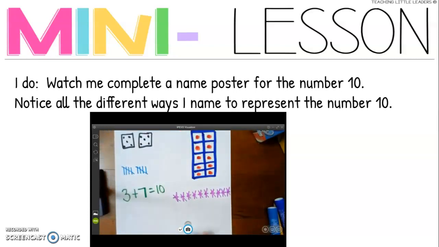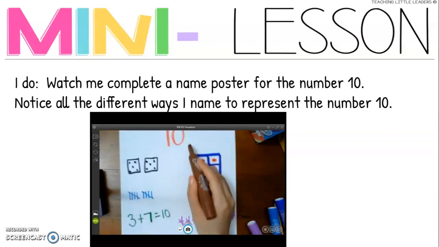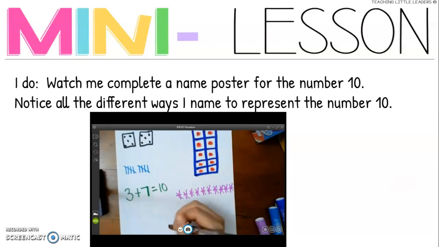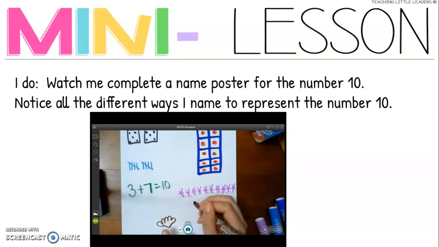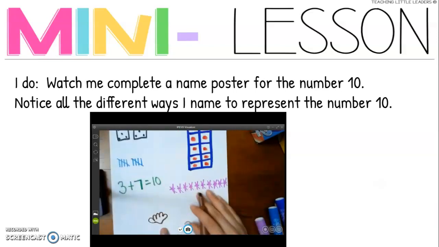Okay, one more way. A way that we use quite often is our fingers. So I'm going to make 10 fingers. Alright, I'm going to start right here. 1, 2, 3, 4, 5. And 5 on this hand and 5 on this hand make 10. 1, 2, 3, 4, 5.